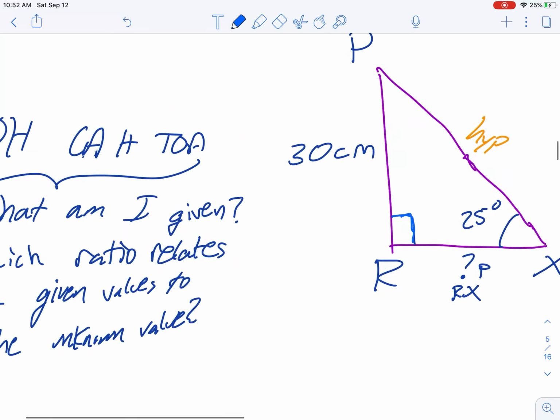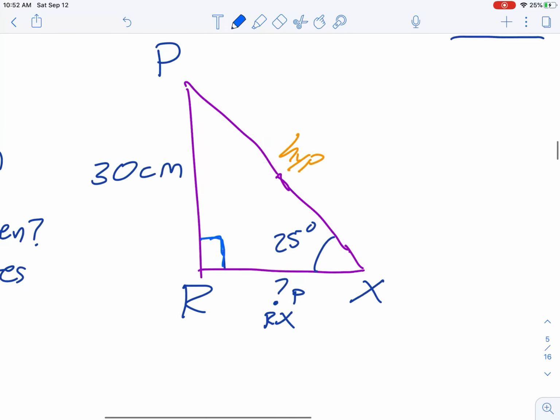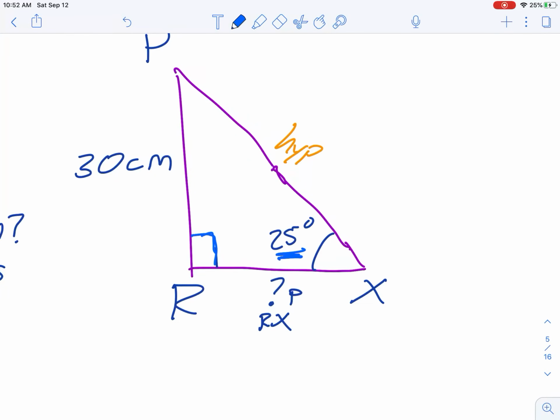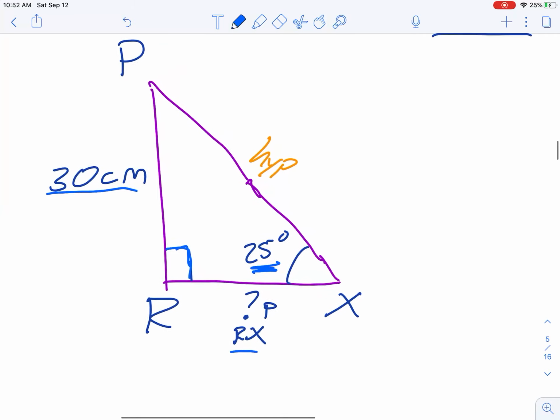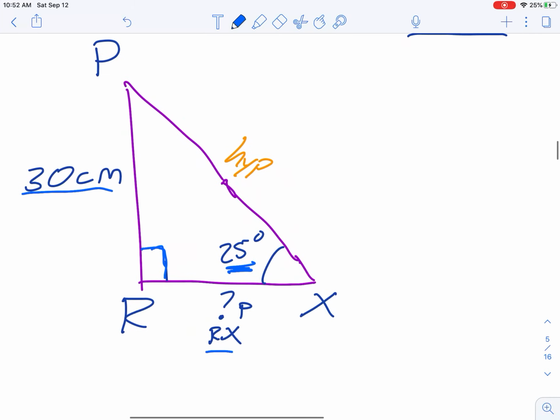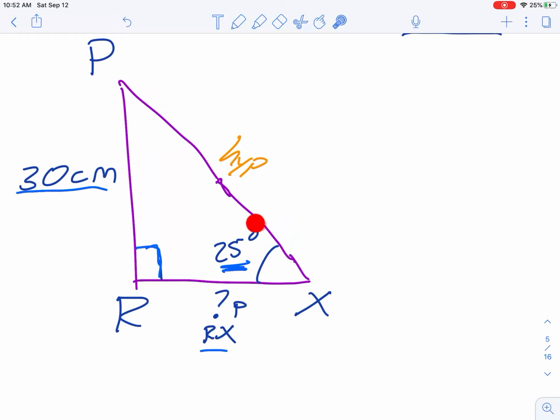And look at what ratio here, sine, cos, or tan, relates this angle to these side lengths. Well, from the perspective of angle 25, we have the opposite length, and we're trying to find the adjacent.